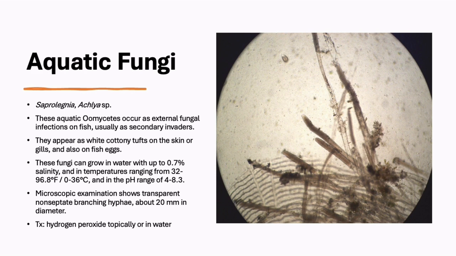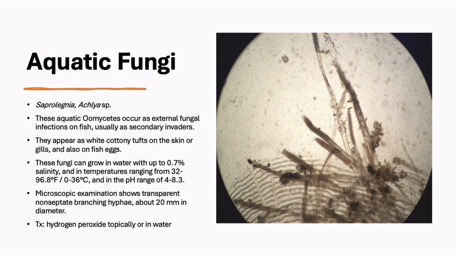So these are often secondary to other types of skin damage or parasites or other injury that can allow the skin to have the fungus start growing on it. They can grow in a variety of temperatures and a variety of salinities, and they have this branching non-septate hyphae.